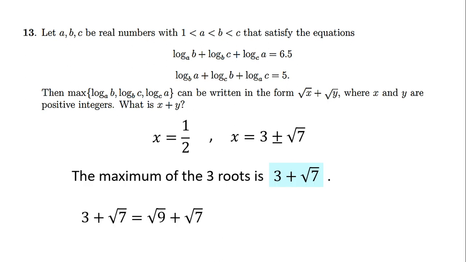And take note that we are required to write the maximum value in the form square root of x plus square root of y. And obviously, 3 plus square root of 7 is just equivalent to square root of 9 plus square root of 7. And so, the value of x plus y is just 9 plus 7, which is 16. And this is our final answer.